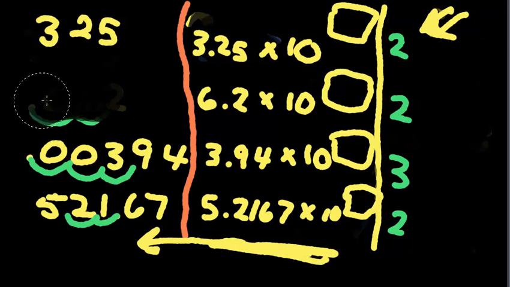This was 0.062. So now I got my bunny hops. I can't see it as well here, so I'm going to write these a little bit clearer. 0.062.